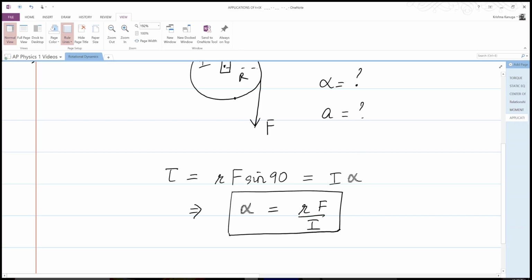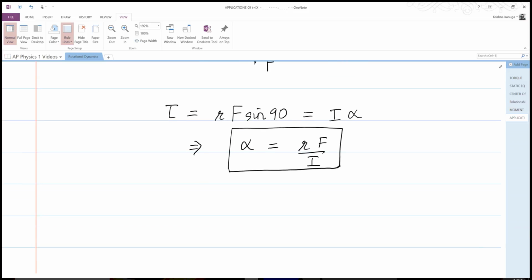What would the acceleration of that point be? The relationship between the acceleration and the angular acceleration is very simple. It is simply equal to R times alpha, and so we can multiply it by this, and we end up getting R squared F divided by I.